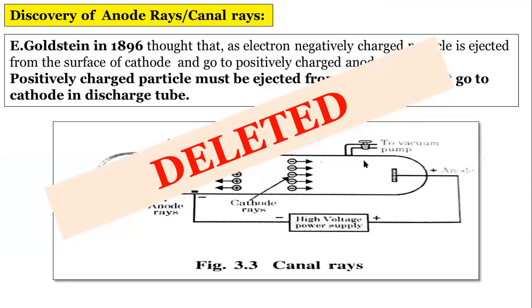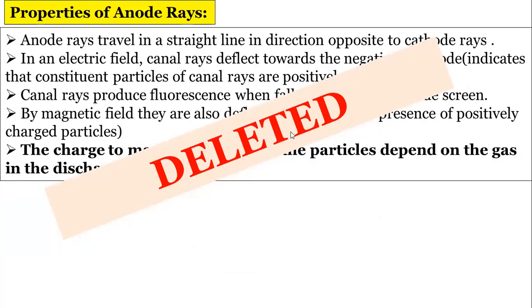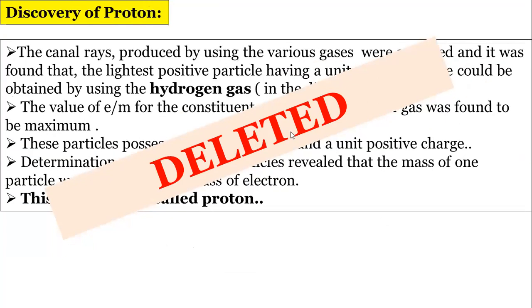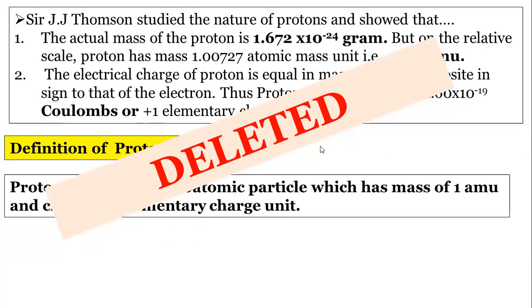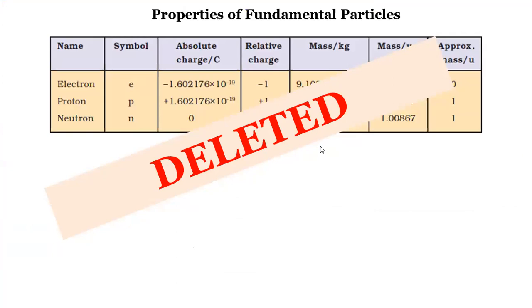After 12th standard I will give you the new PDF file in which these deleted portions will be removed. But for the 11th standard, to avoid the confusion of reduced syllabus, I have marked these deleted symbols on the slides. So this part will not be asked in the examination.